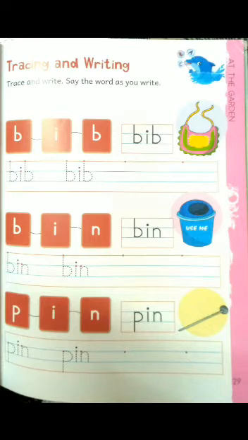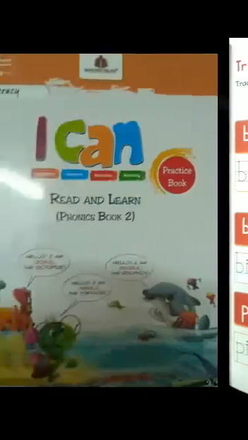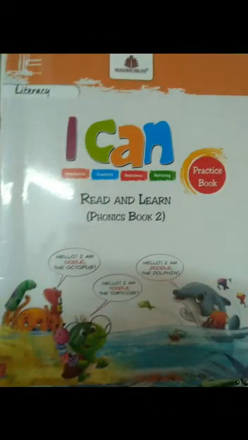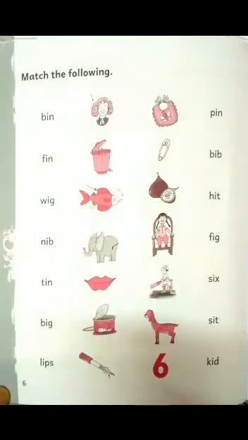Students, open your phonetic booklet, page number 6. Let's read the vowel sound I. You know there are 5 vowels, which are A, E, I, O, U. These are vowels.